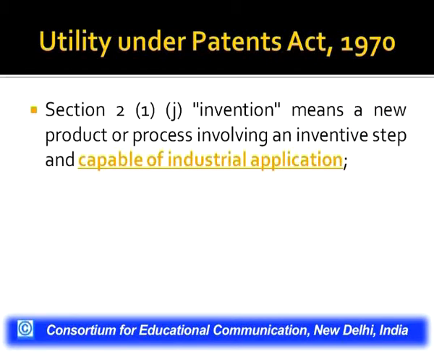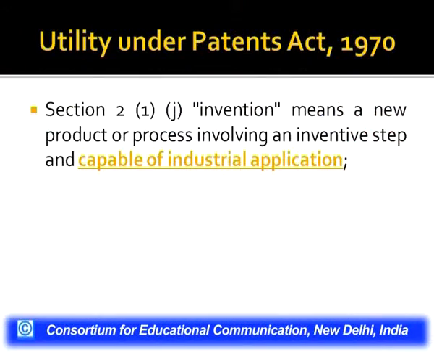As I highlighted, this section not only defines invention, it requires a person seeking patent protection to fulfill various substantive requirements mentioned under this section: the product or process must be new, it must involve an inventive step, and the third and final requirement embedded under the definition of invention is that it must have the capability of industrial application.